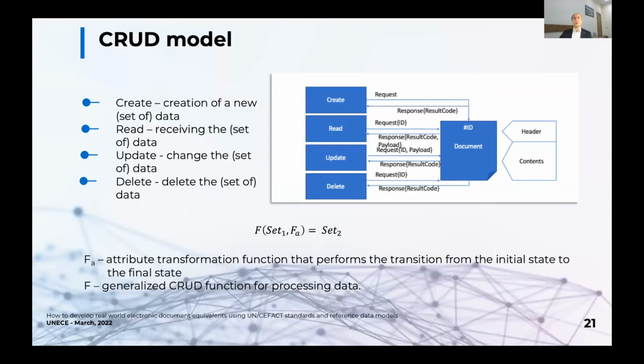The advantage of this approach is the ability to create a standardized application programming interface or API with a clearly defined set of commands that can provide functionally complete coverage of all required data operations to solve the problem of data processing in an automated form.